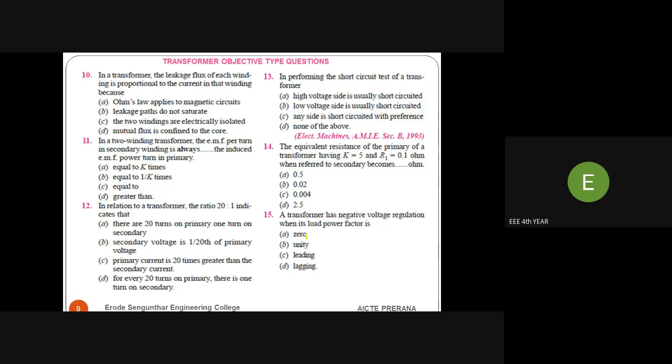In a transformer, the leakage flux of each winding is proportional to the current in that winding because leakage paths do not saturate. This is the correct answer.